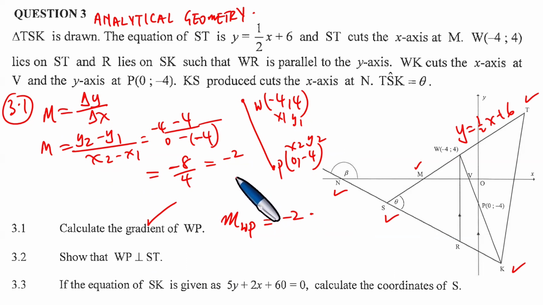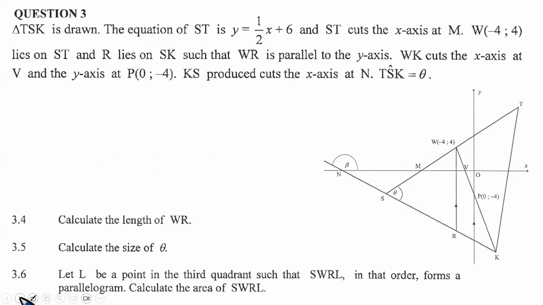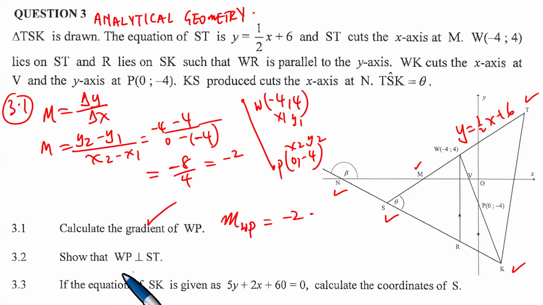Next question. We need to show that WP is perpendicular to ST. So to show that WP is perpendicular to ST, what is the gradient of ST? The equation of ST is this one.